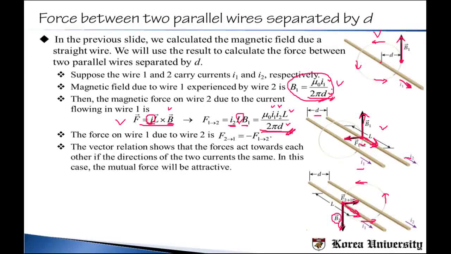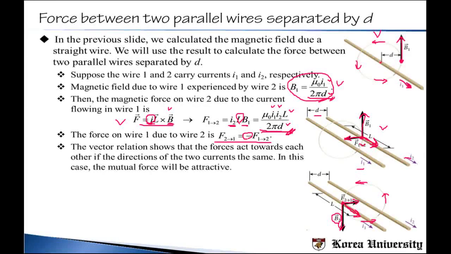And so you can summarize that if two wires are running parallel in current, then they will be pushed closer to each other. And in fact, even without calculation, I could have immediately told you that the force acting on the first wire by the second wire is simply minus the force acting on the second wire by the first wire.